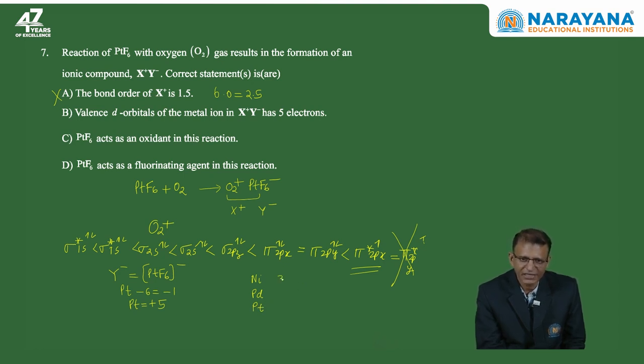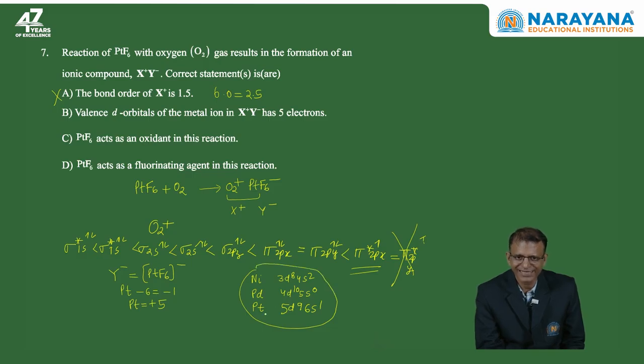If I write the electronic configuration of nickel, that is 3d8 4s2, while in case of palladium it is expected to be 4d8 5s2, but these two electrons move from 5s to 4d, so it is 4d10 5s0, and in case of platinum it will be 5d9 6s1. This is the electronic configuration, so this is also very important here.